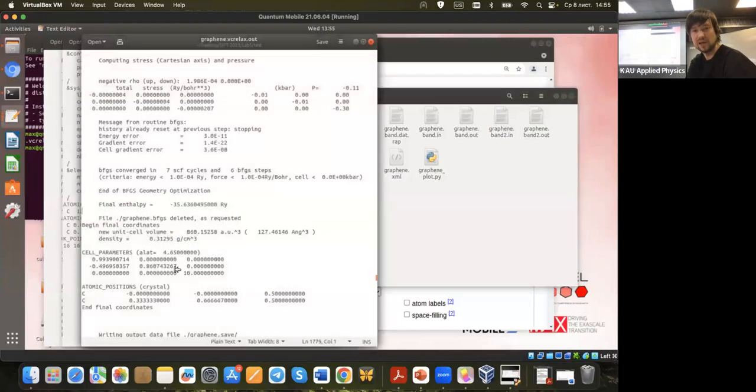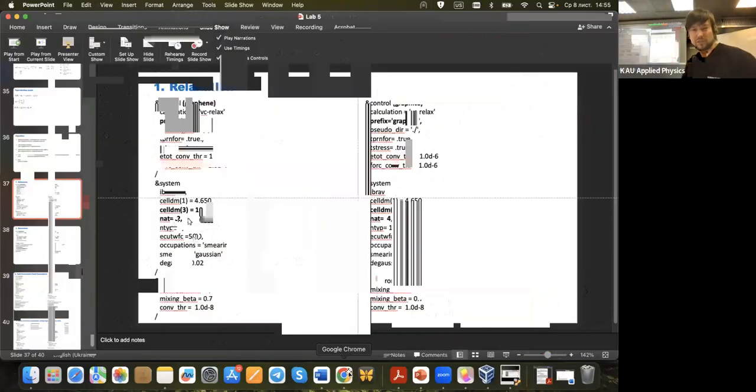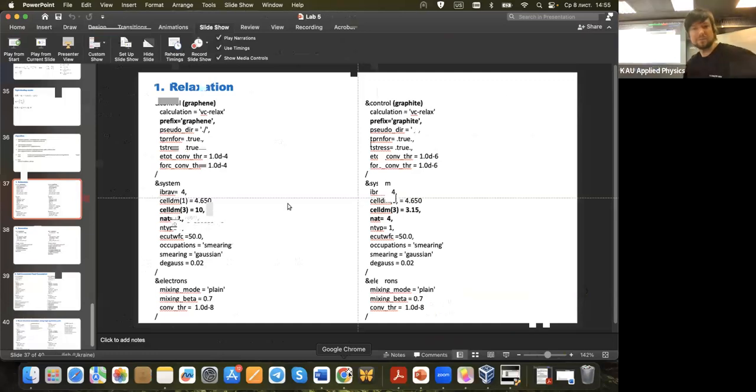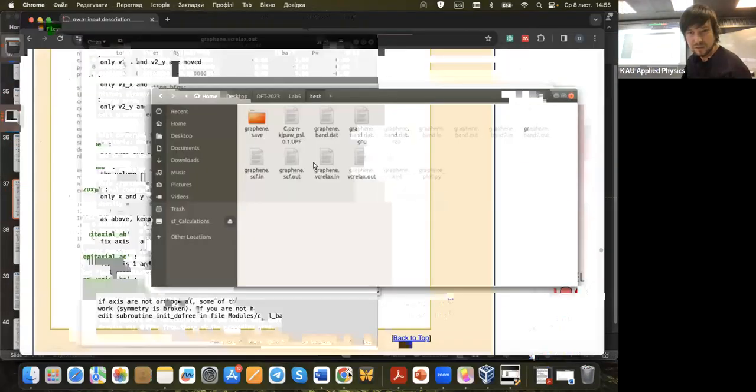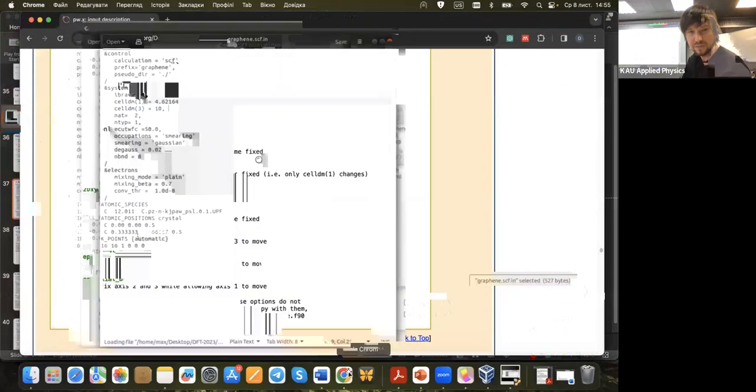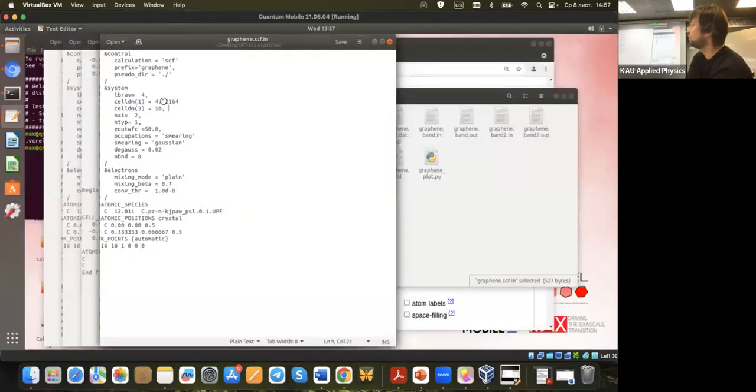Then it changed the matrix. This matrix of parameters. You can calculate what is 4.65 multiplied by that thing. It should be like this. 4.62. It was 0.65.